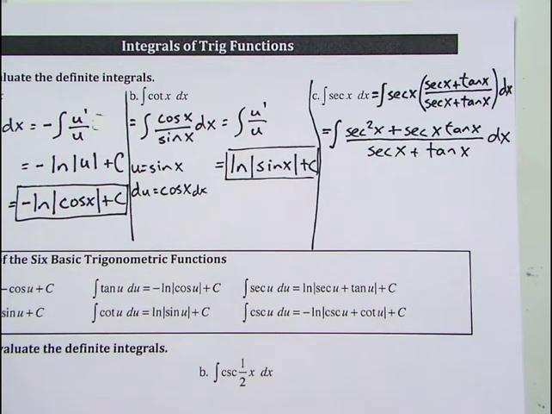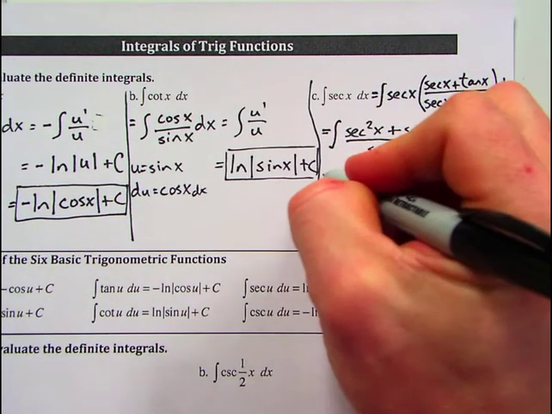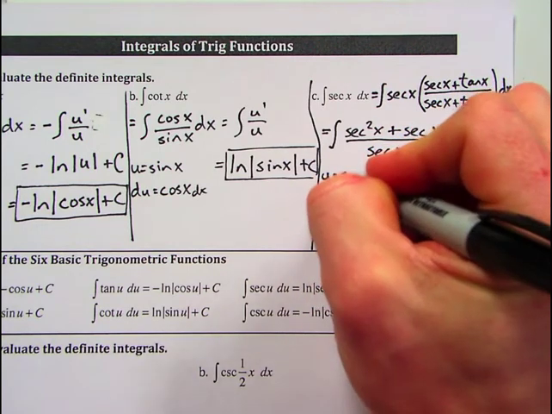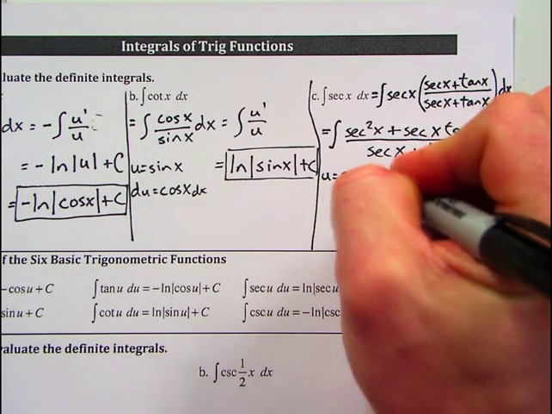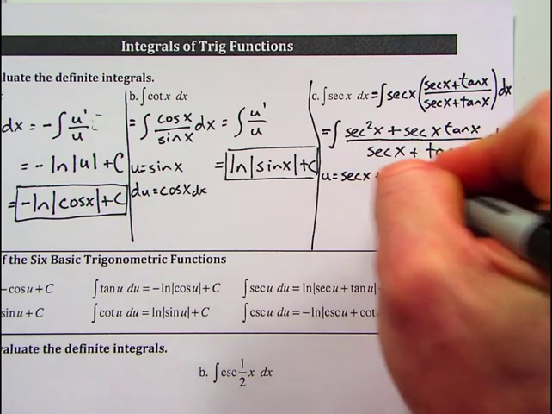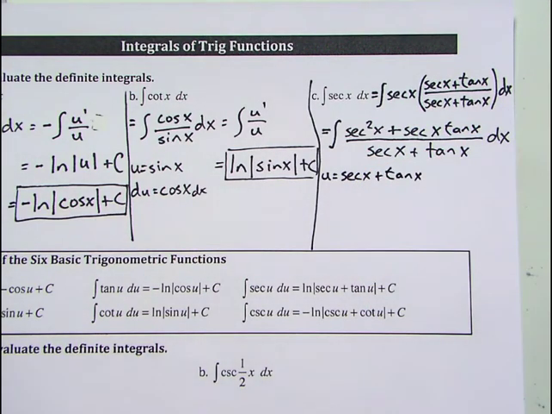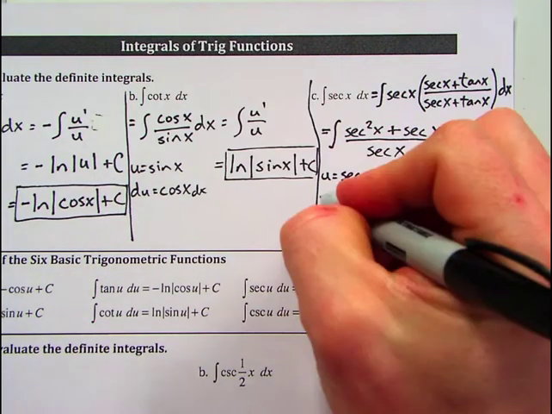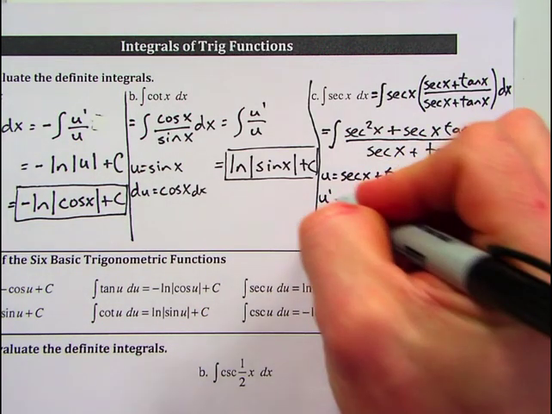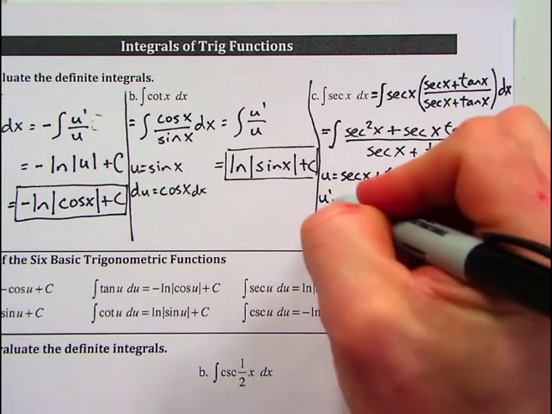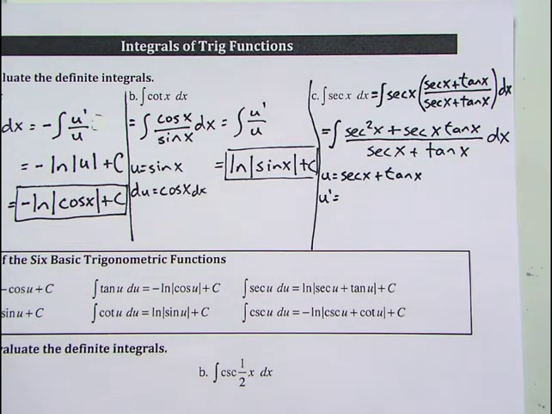Now, the reason we did this is so that we could let u equal secant x plus tan x. So we're going to let the denominator be u, basically what we've been doing. And what is the derivative of secant plus tan? Well, we can take the derivative of each function separately. So what's the derivative of secant?